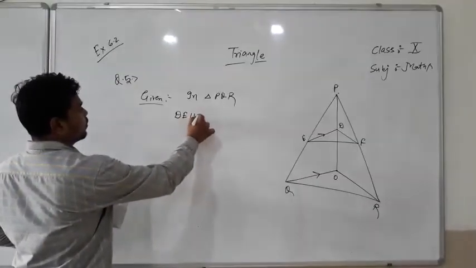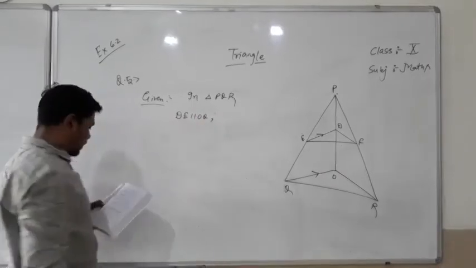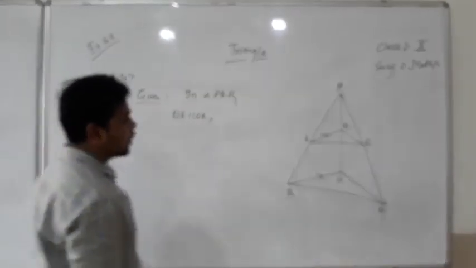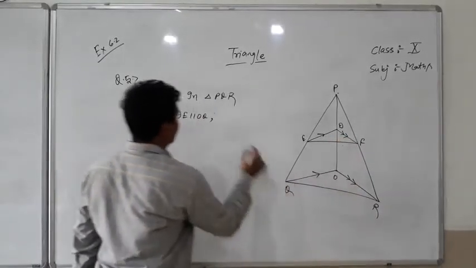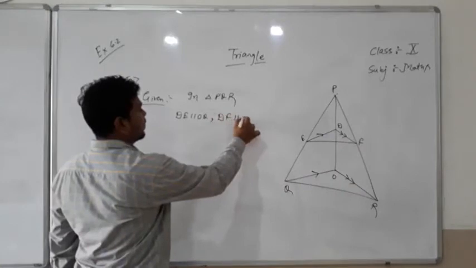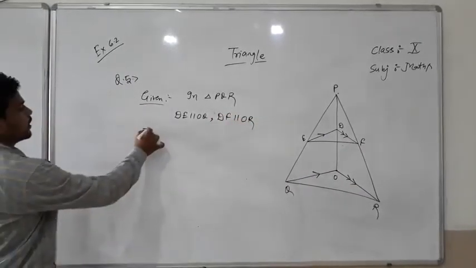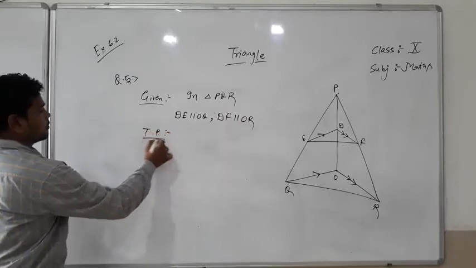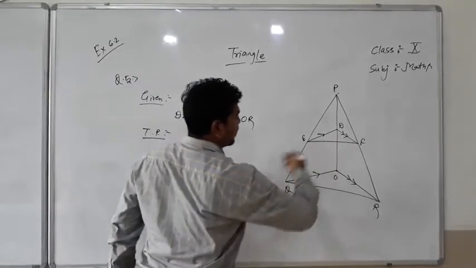DE is parallel to OQ and DF is parallel to OR, that is the DF is parallel to OR. Show that, means you have to prove, EF is parallel to QR. You have to show that EF is parallel to QR.